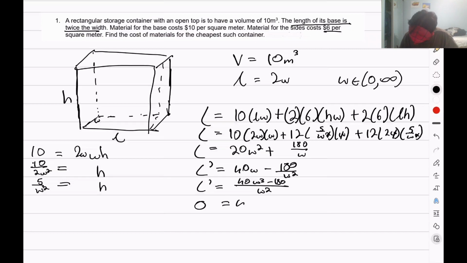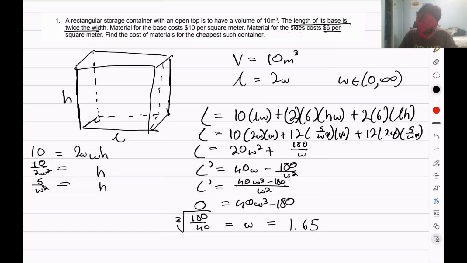So we're left with 40 width cubed minus 180, so width cubed equals 180 over 40, and then we cube root both sides. This should give us a width of 1.65 meters.